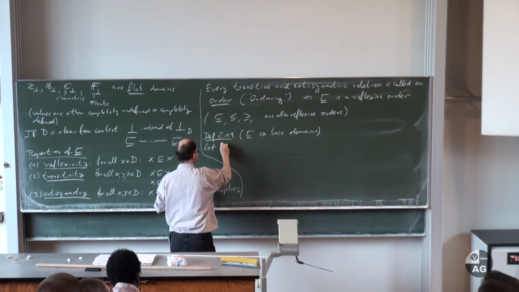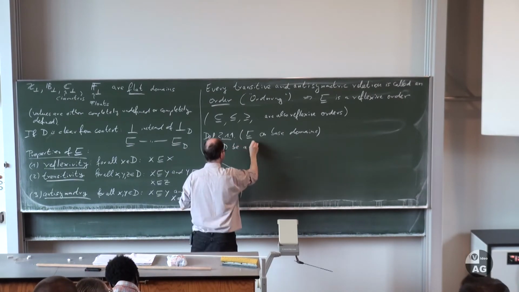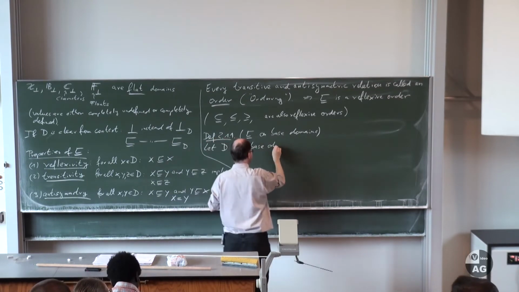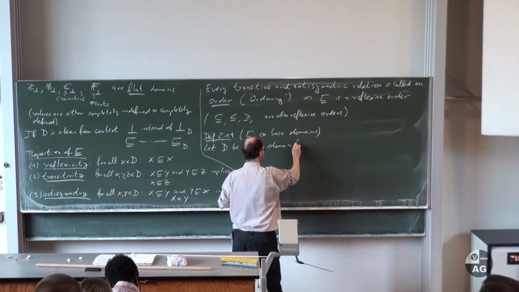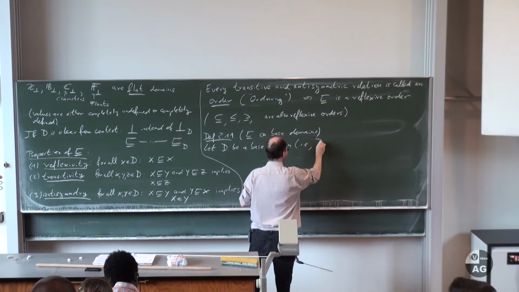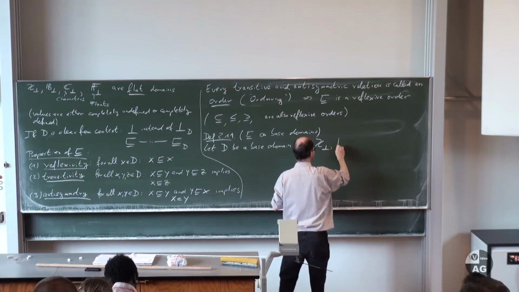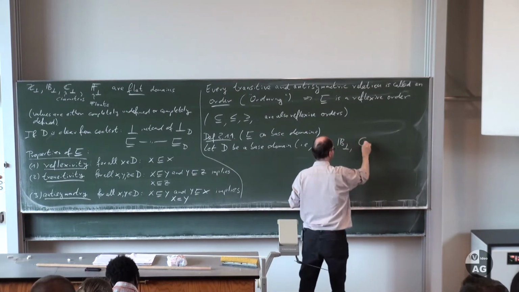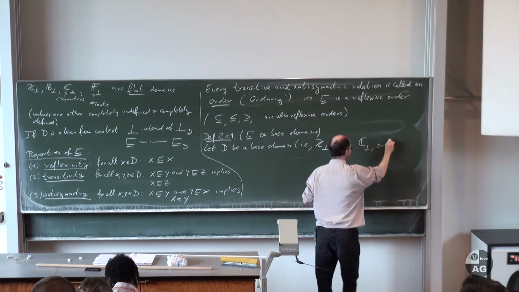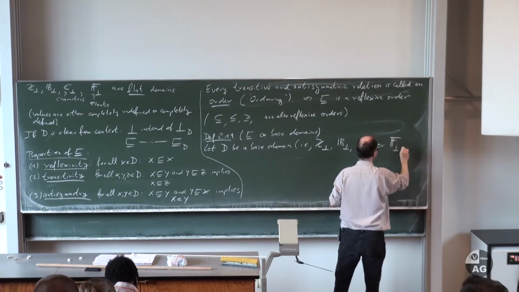So let D be a base domain, and the base domains are the integers with bottom, the booleans with bottom, the characters with bottom, or the floating point numbers with bottom.